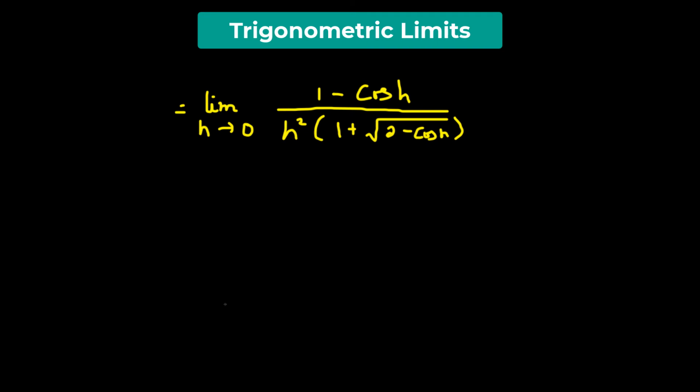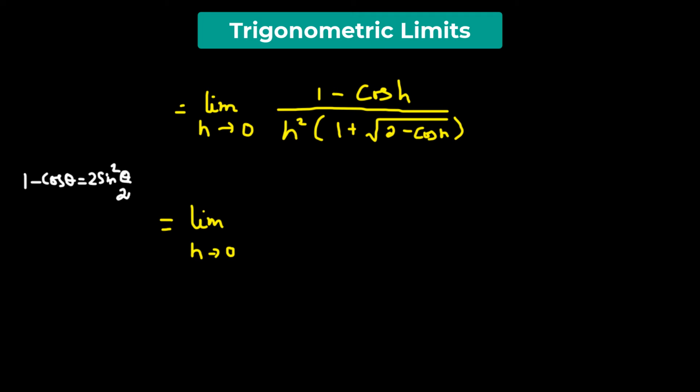So for 1 minus cosine of h, we'll use the identity that 1 minus cosine of theta is equal to 2 sine squared theta over 2.